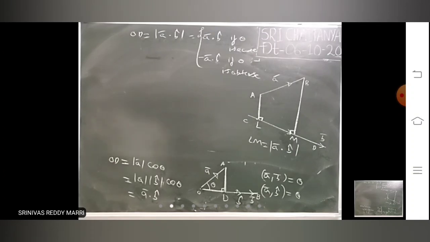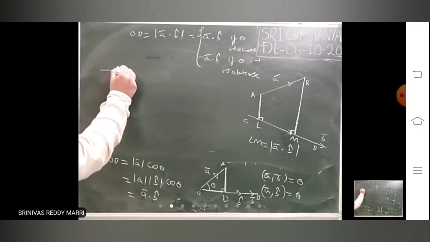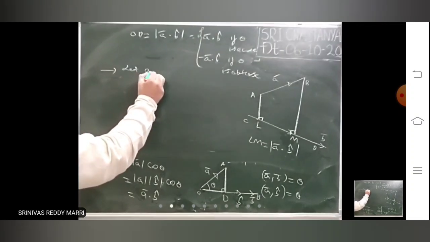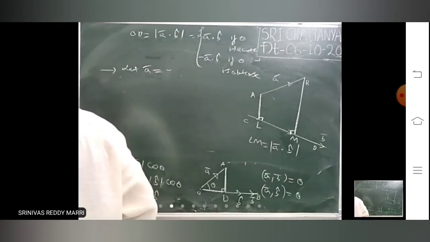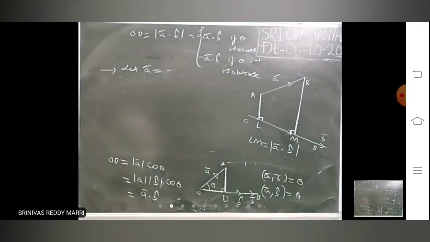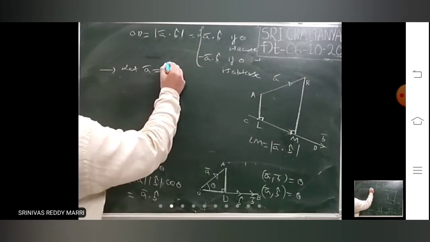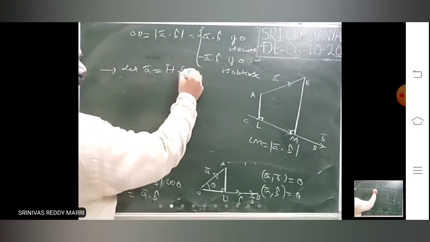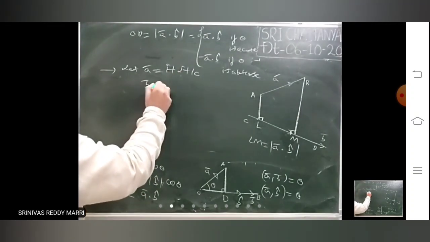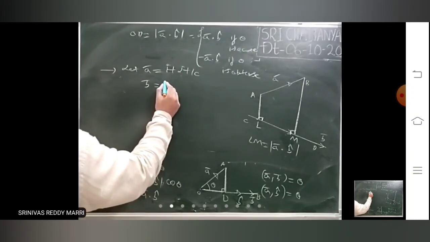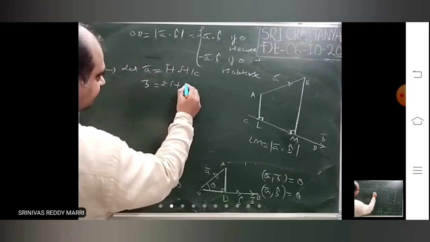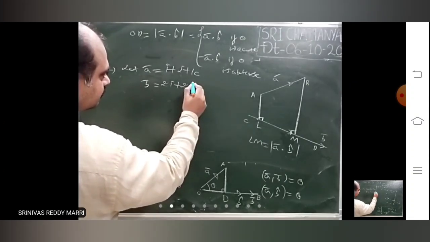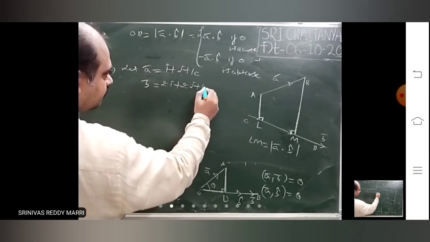Look at the problem, how to find it. Let us say A bar equals i plus j plus k, B bar equals 2i plus 2j plus k.